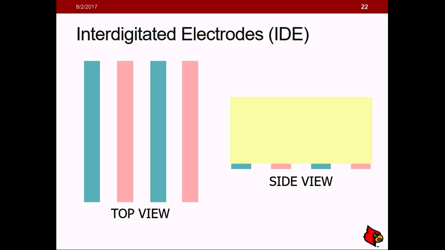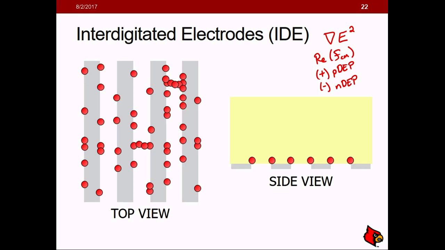So for the following slides, positive dielectrophoresis will be illustrated with red particles, and negative dielectrophoresis will be illustrated with blue particles. For positive dielectrophoresis, they're attracted towards the field maximums and hence the electrode edges. Now you may experimentally also see pearl chaining.